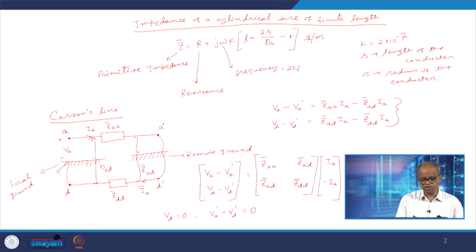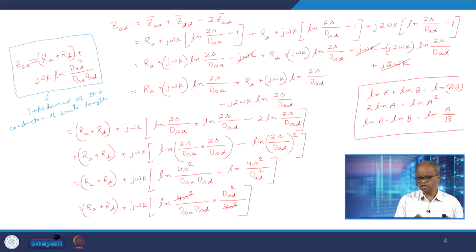So this is the impedance of the conductor involving ground. When we consider the presence of the ground, that is the impedance of the conductor, and these expressions are central to our understanding for the development of the impedance matrices for three-phase transmission lines.